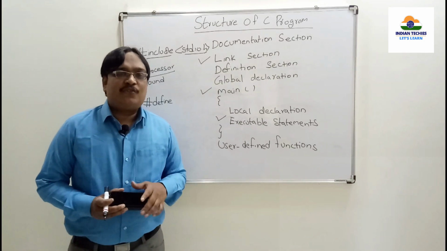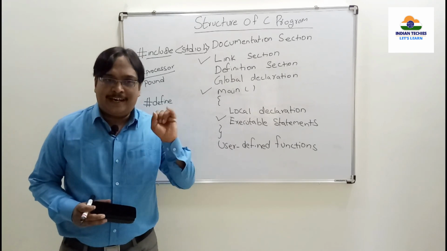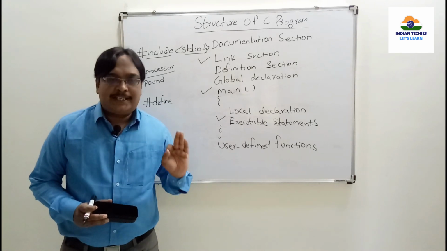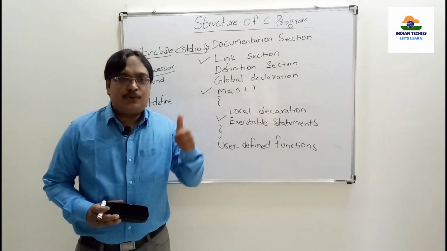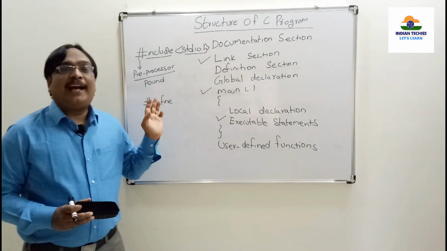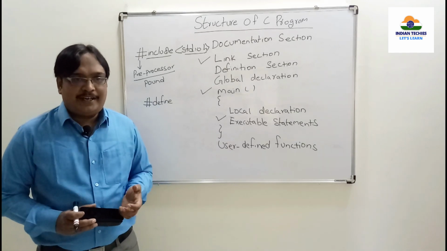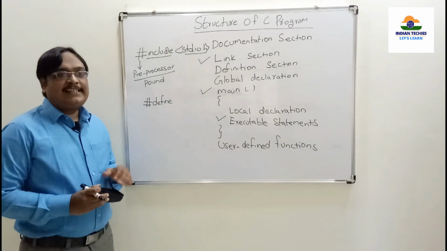A constant whose value is fixed throughout the program, which cannot be changed, cannot be modified, cannot be taken as an input, cannot even be printed. You can just use that value only for calculation. If you want to create such a defined constant throughout the program in common, we use the hash define section.